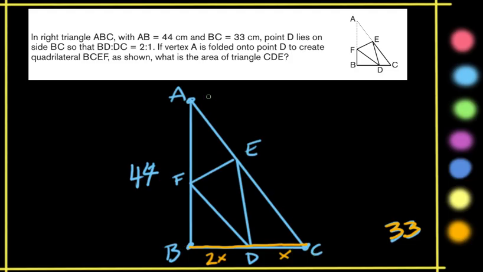And then it says, I didn't draw this as nicely as they did up here, but that's okay, if vertex A is folded onto point D to create quadrilateral BCEF. So this top part is all gone because it's been folded down like this. And now we have this quadrilateral BCEF like this.